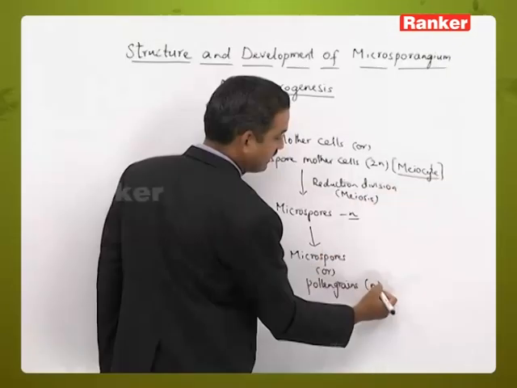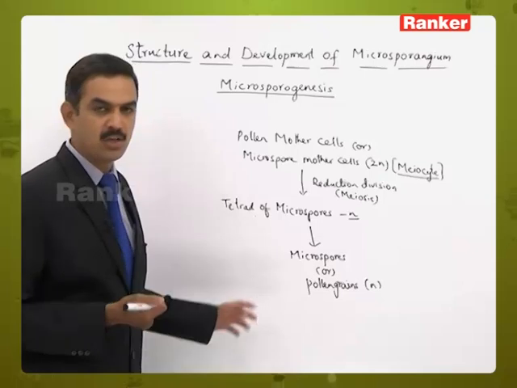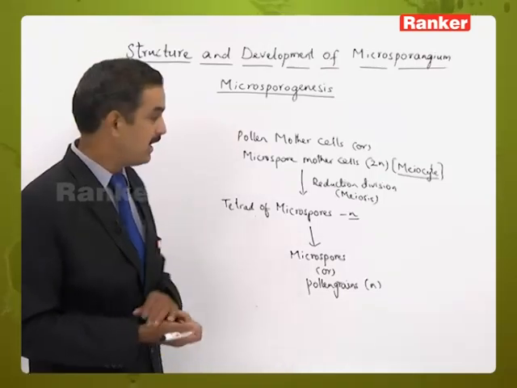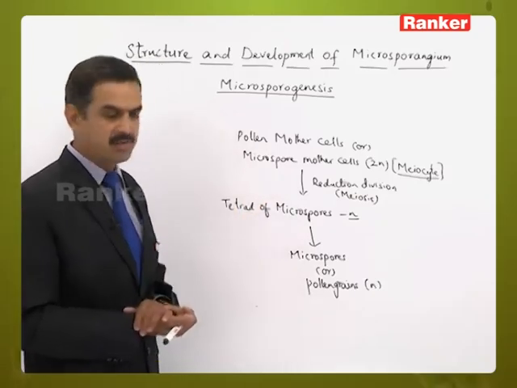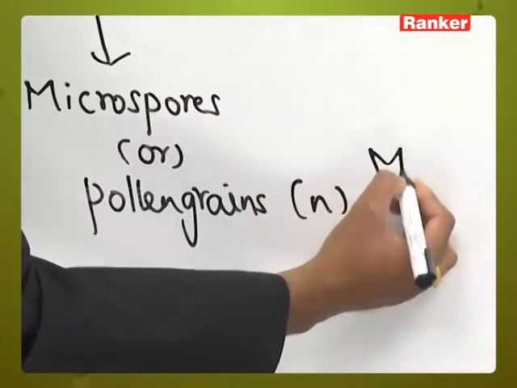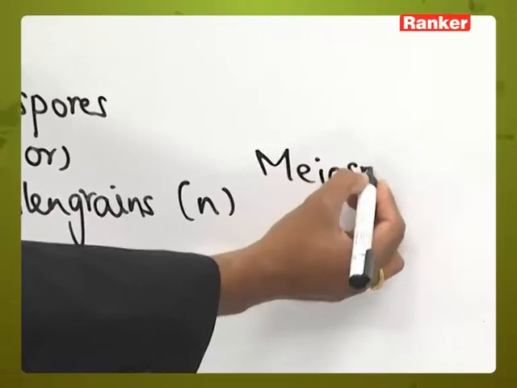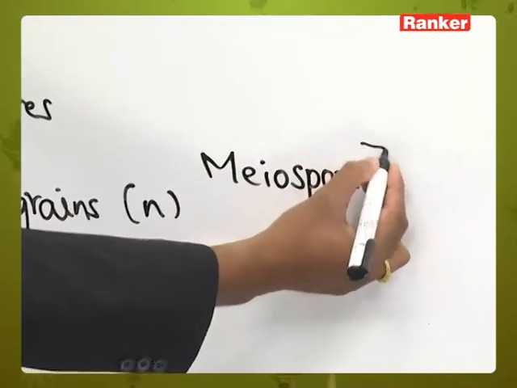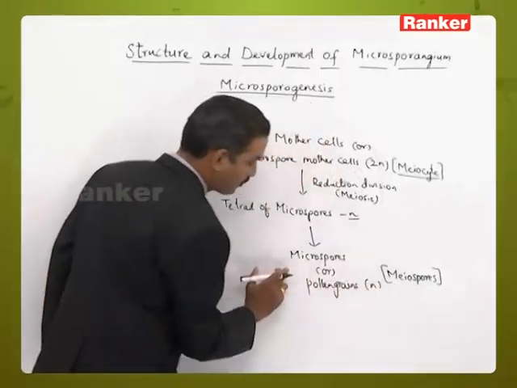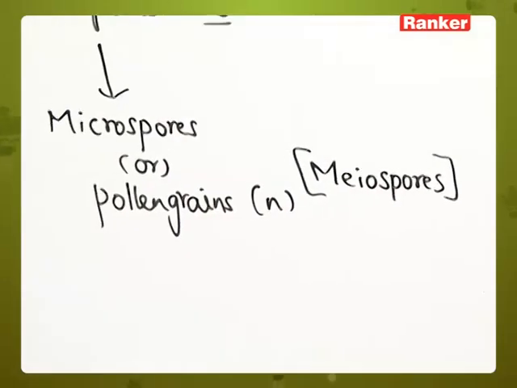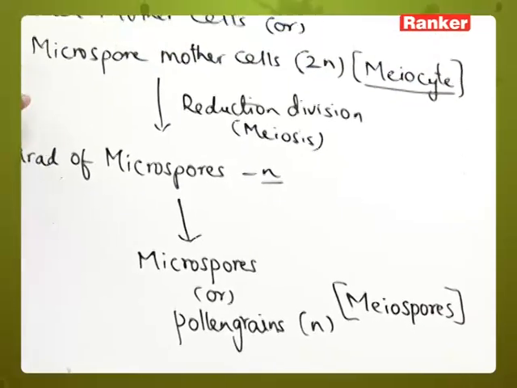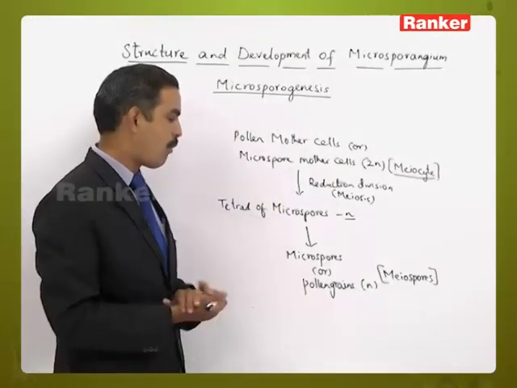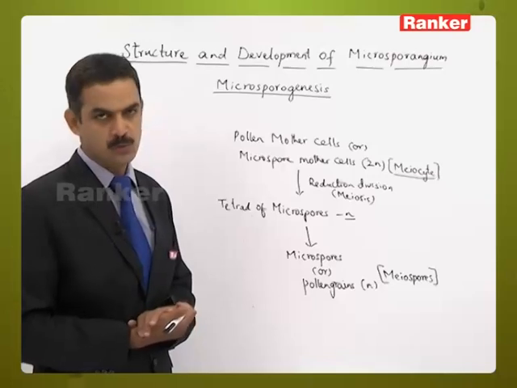And of course, as I said, they are already haploid in condition because they are formed as a result of meiosis, and any cell which is formed as a process of meiosis, we call that a meiospore. So now we can call these microspores or pollen grains meiospores. Microspore mother cell is called a meiocyte, and microspores or pollen grains are called meiospores.